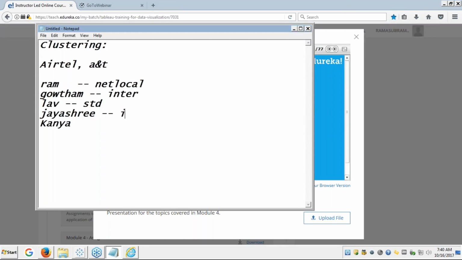Jayashree is using more ISD calls. And Kanya is using a combination of both local and STD. So these are the preferences of various people among our 20 people only.